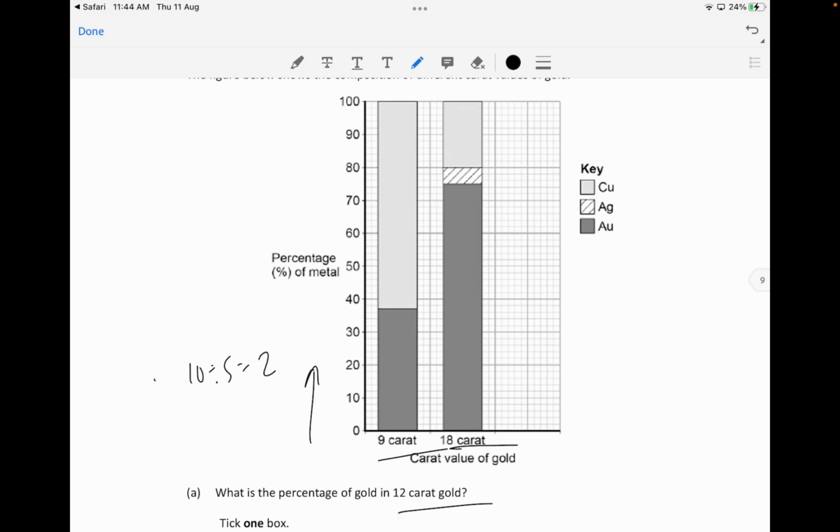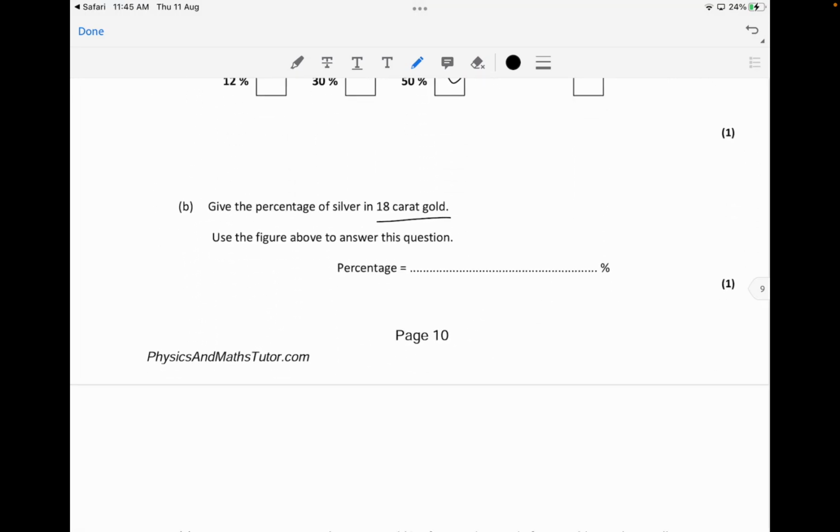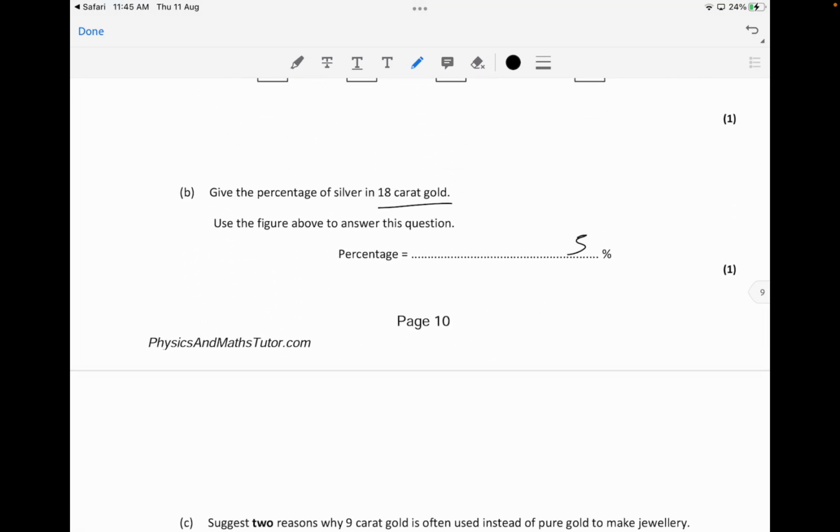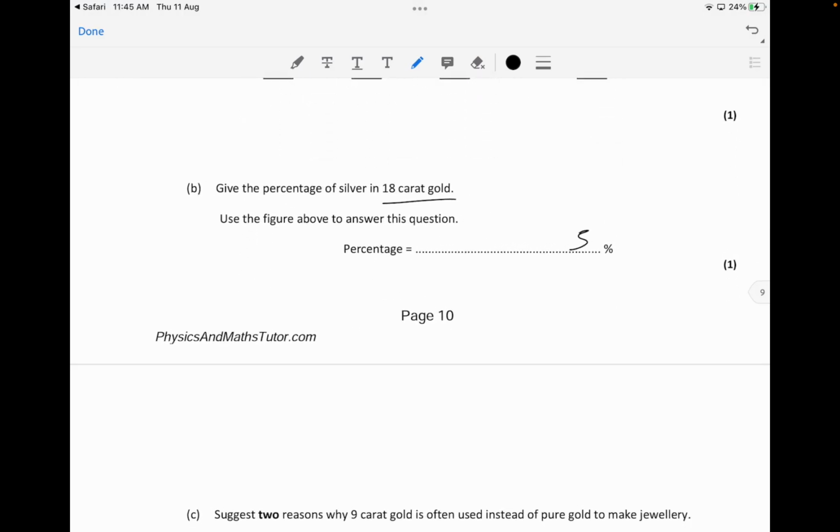So this is going to be about 80% minus, let's say, somewhere between 74 and 76, so that's going to be 75%. So 80% minus 75% is about 5%, the composition of silver. That's going to be your answer. Alright, let's move on to the next question.